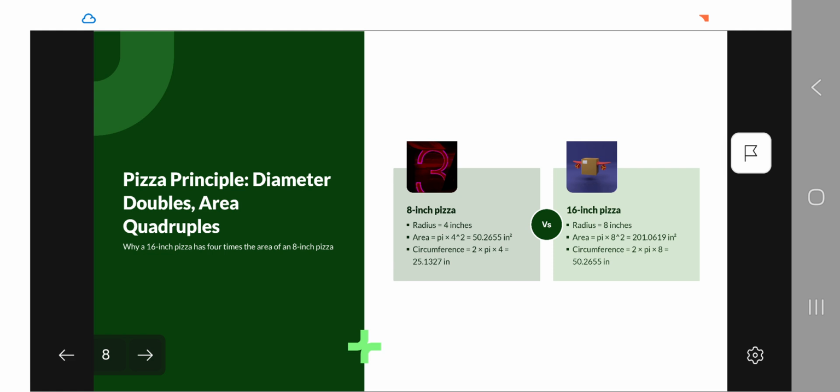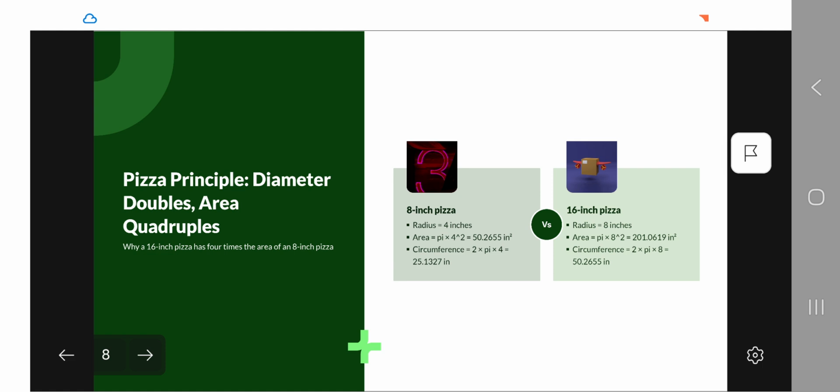Versus the 16-inch pizza with a radius of 8. The area is pi times 8 squared, equals 201.0619 inches squared. The circumference is then 2 pi times 8 equals 50.2655.